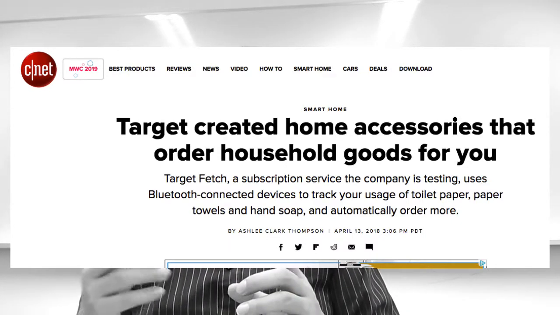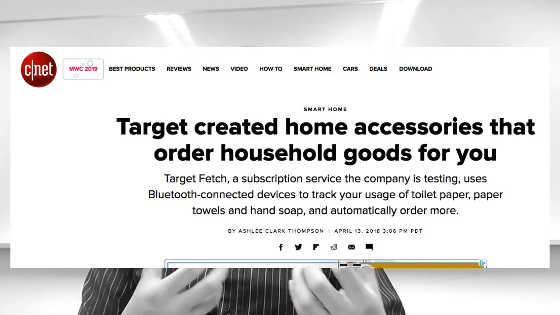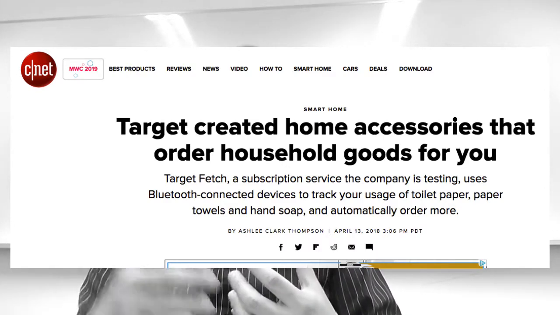They are using a lot of technology devices to help you track your consumption of paper towels and toilet paper at home, and to help you replenish when your stock is running low. So this is automated commerce. This is another example of how using the remove method can help you generate creative ideas.